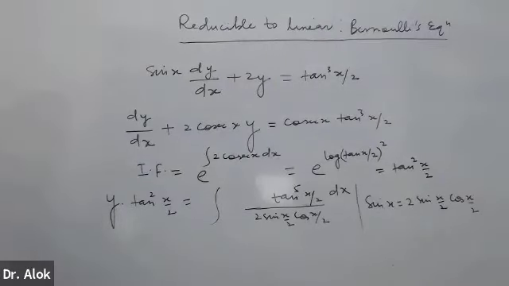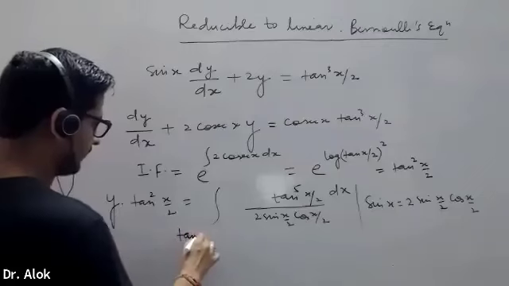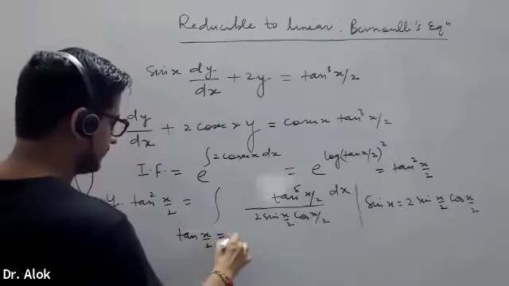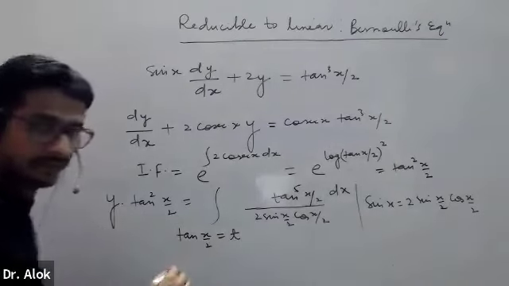Now immediately put tan x by 2 is equal to t in this equation. If you put tan of x by 2 is equal to t, what will be its derivative?